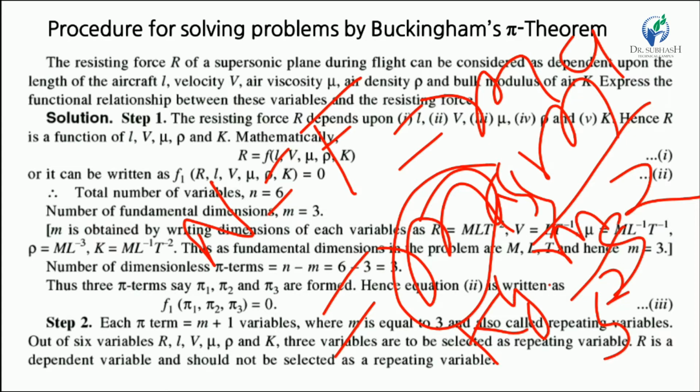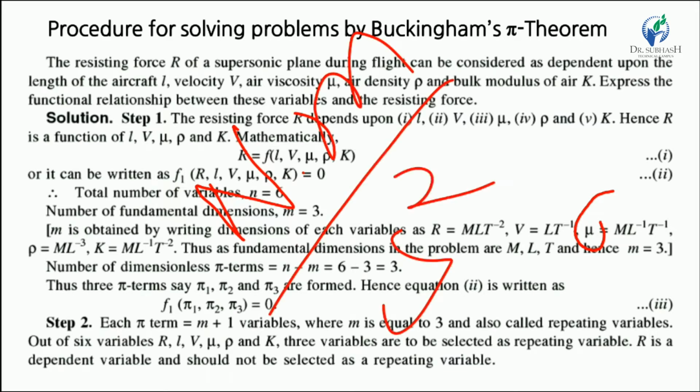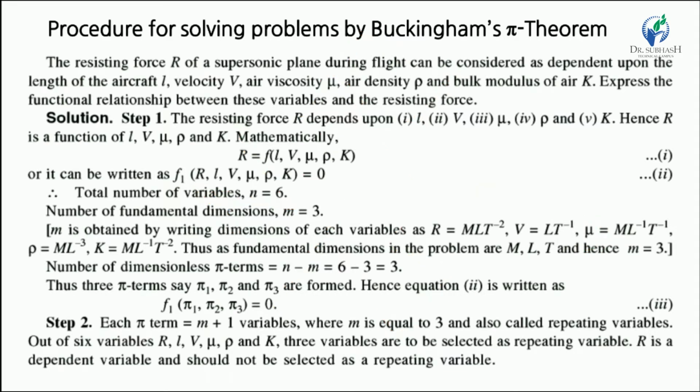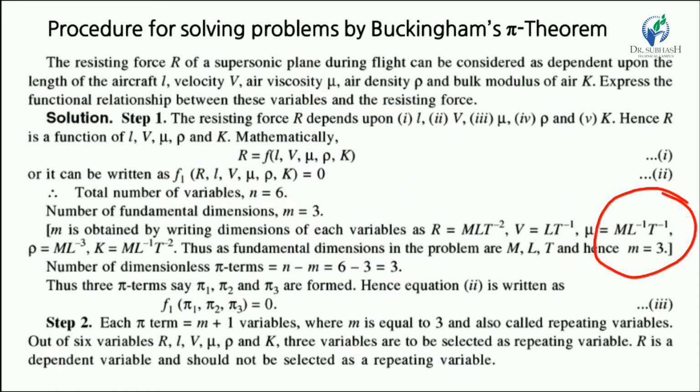So its MLT is M L T minus 2. Now velocity: meter per second, so L T minus 1. Viscosity unit is Newton into second per meter square, so its MLT is M L minus 1 T minus 1.